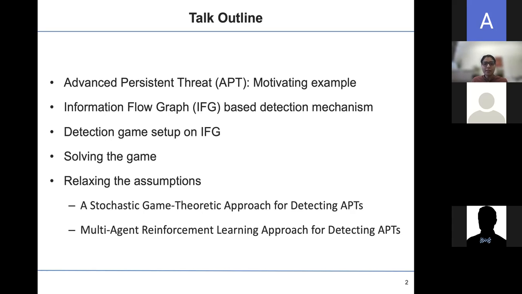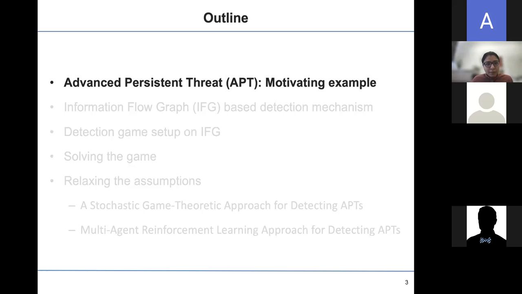And then we will discuss how to solve this game. And finally, if there is time, I'll relax some of the assumptions we imposed on the work that I'm discussing today, and also briefly go through some other models that we looked at, which is a stochastic game theoretic approach for detecting APT, and also a multi-agent reinforcement learning approach for detecting APT.